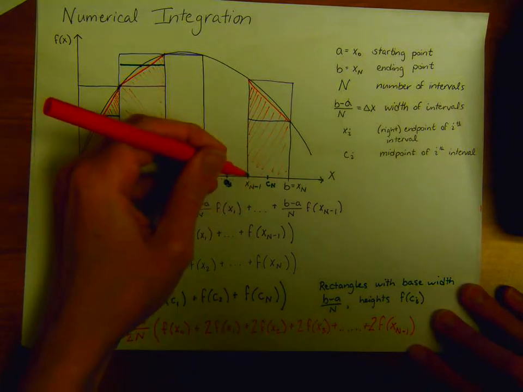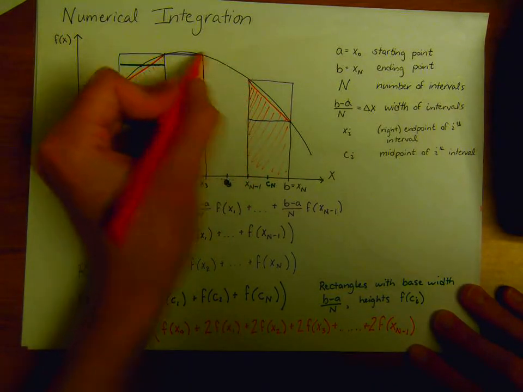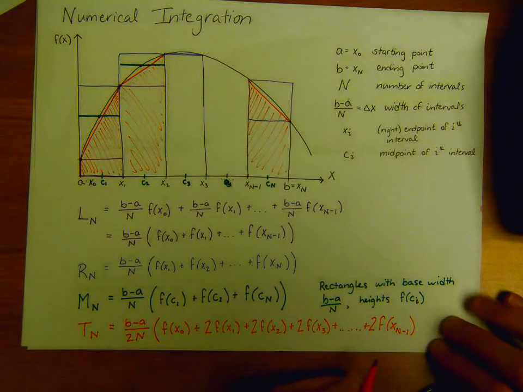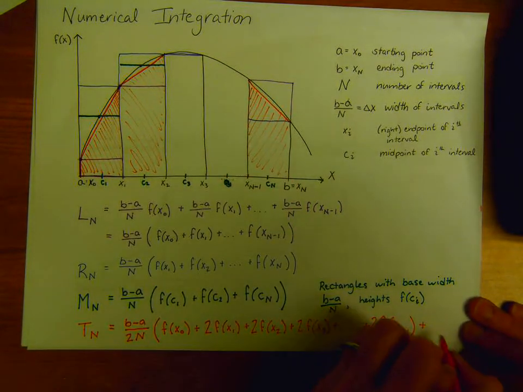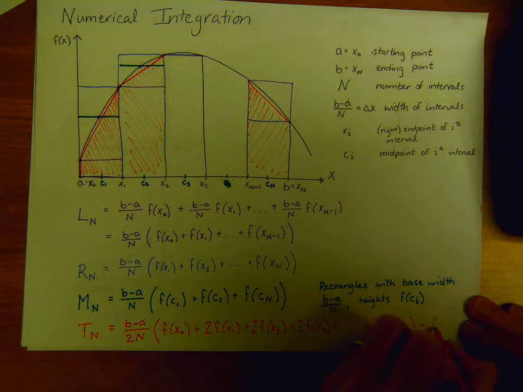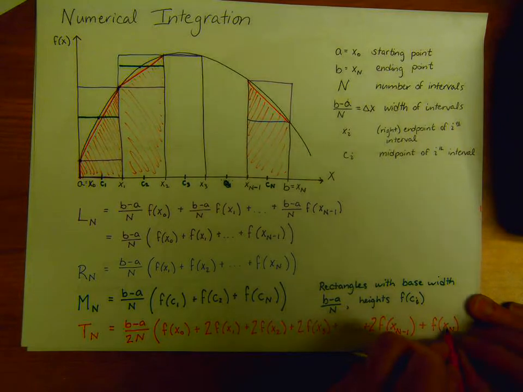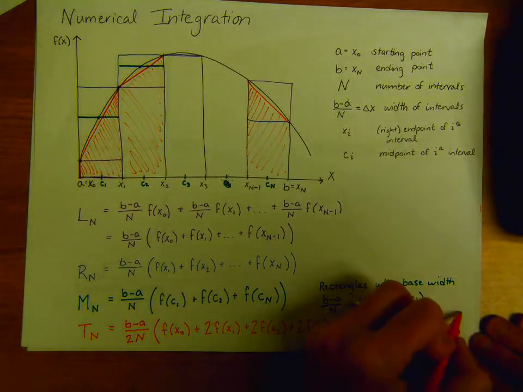So visually I'm thinking of this one as the n minus 1. It's used twice, on this trapezoid and this trapezoid. And then finally, the end one down here is only used once, plus just 1 times f of x sub n for our final ending value, which is b.